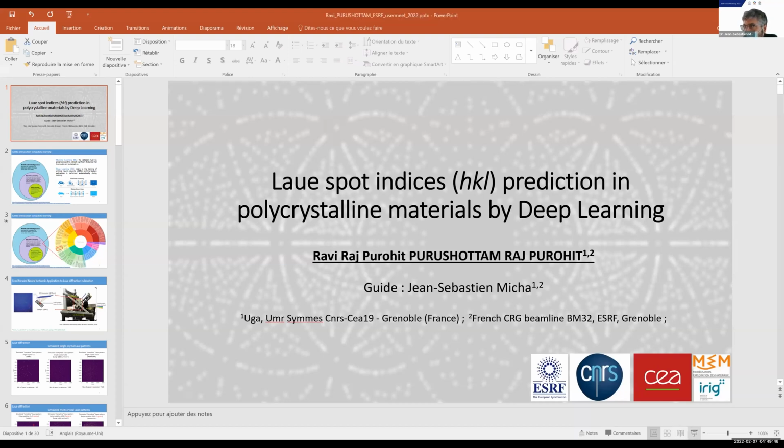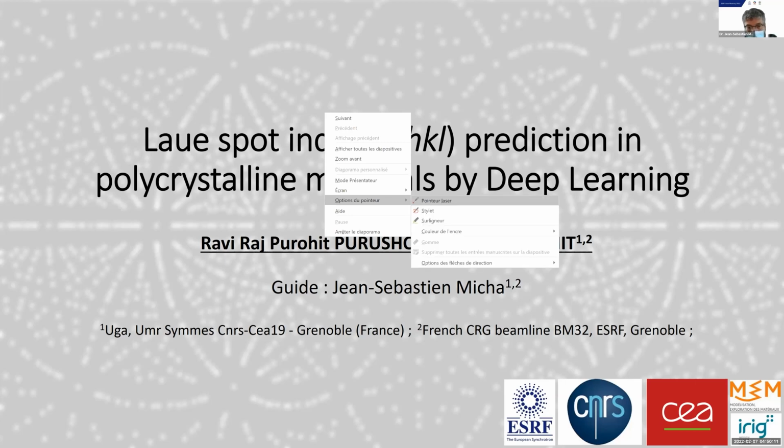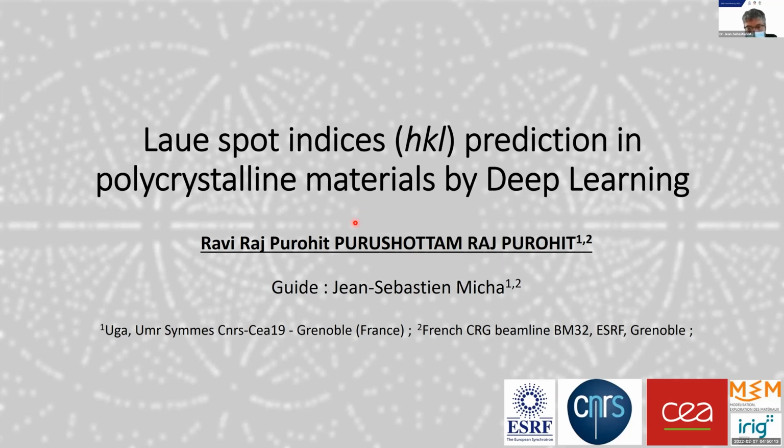And we had a project where we needed to index a Laue pattern with 700 Laue spots per Laue pattern, and then what I've shown you for the classical tools we have developed so far, it was too long to be used for the two-dimensional map of zirconia in this case.